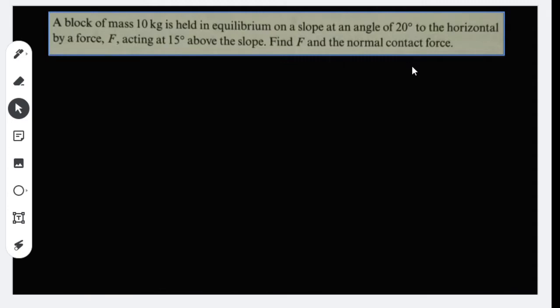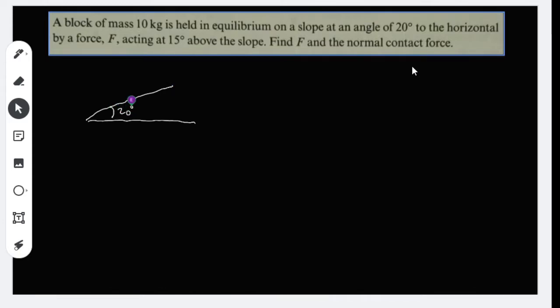So there will be a horizontal. And then there is a slope. The angle is 20 degrees. So approximately it will be here. So this is our angle here, 20 degrees.